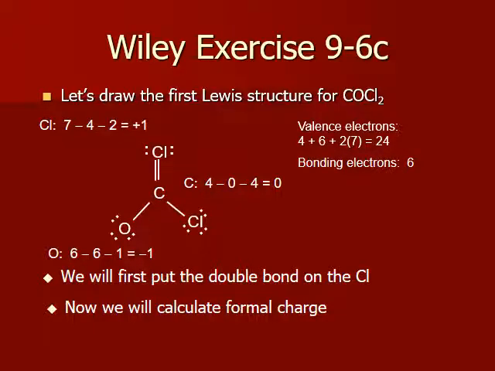That gives us a formal charge of +1. Our final chlorine, 7 valence, 6 dots, 1 line. It has a formal charge of 0. So there are our formal charges for the structure that has chlorine double bonded to the carbon. We'll see this again later when we compare.